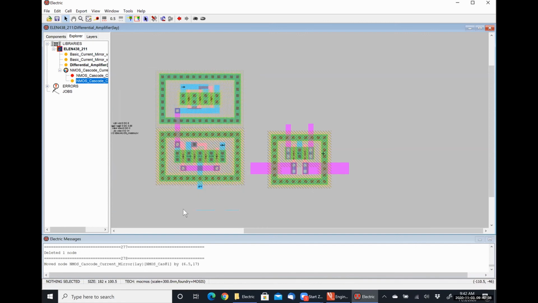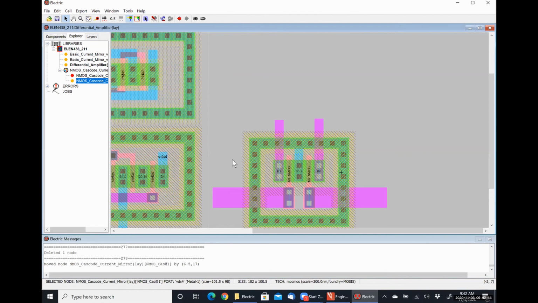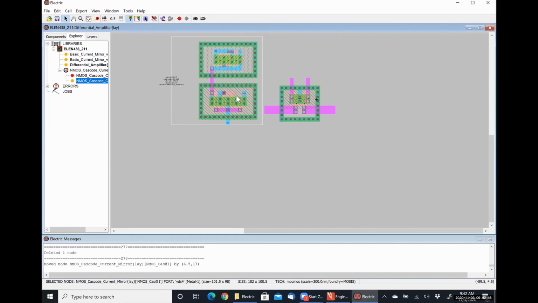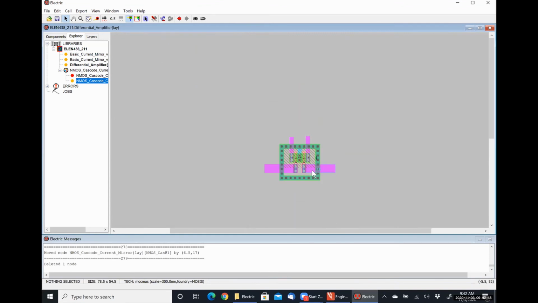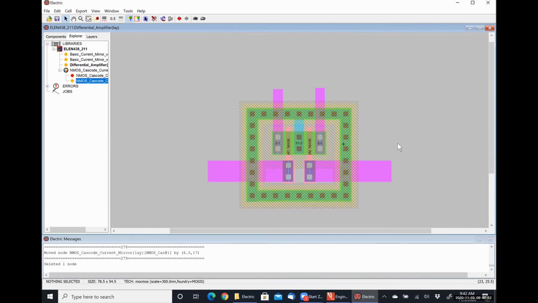But like I said, for right now, I'm more concerned with finishing up, let me just delete this guy, finishing up our differential input pair here.